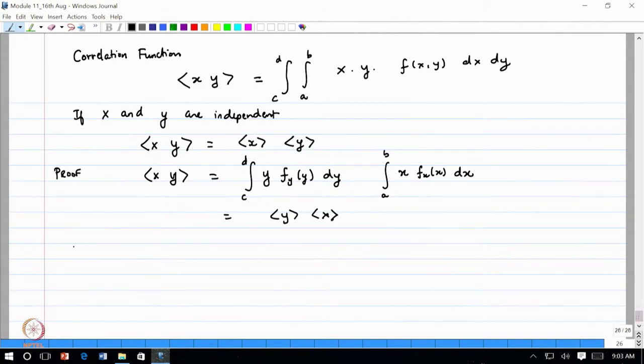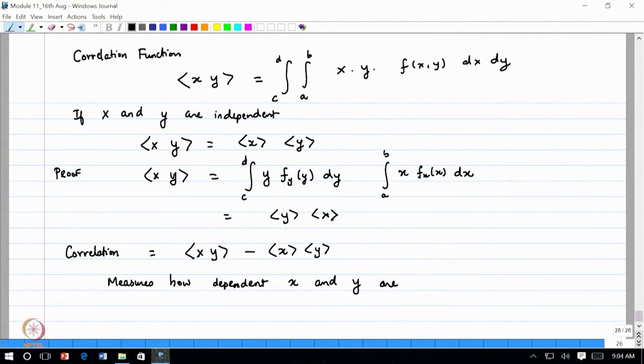So, we can define a correlation as average value of x y minus average value of x times average value of y. Okay. So, this measures how dependent x and y are. Okay.